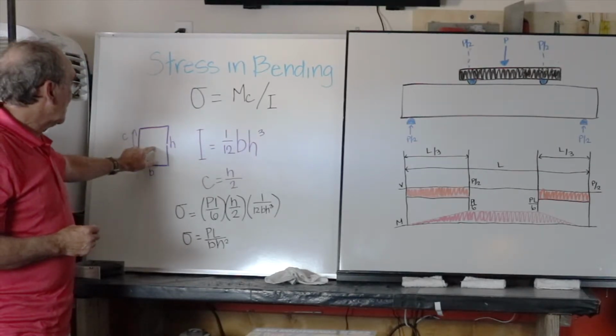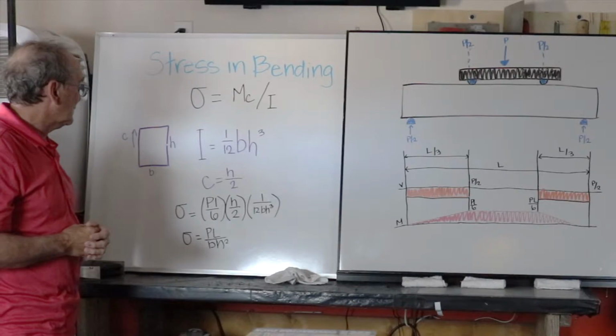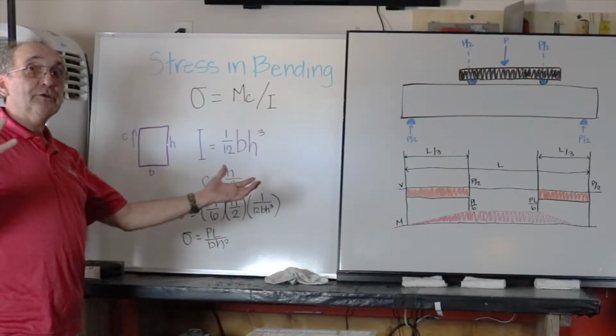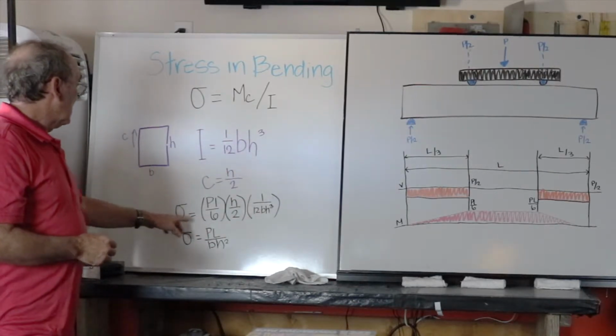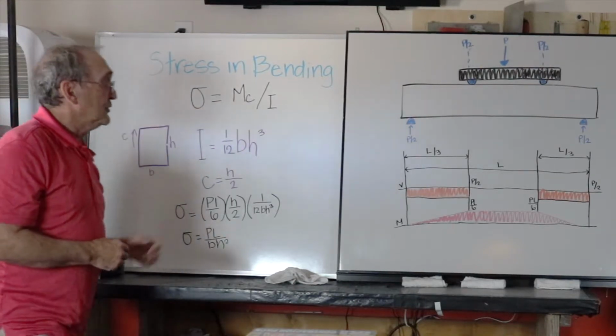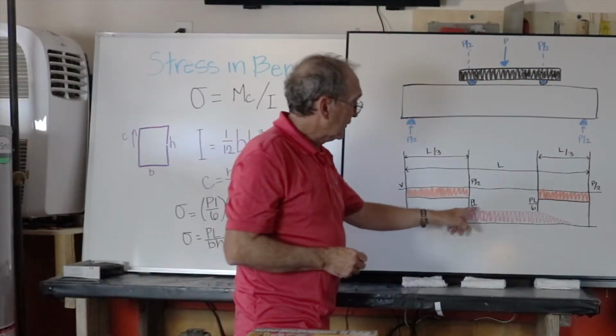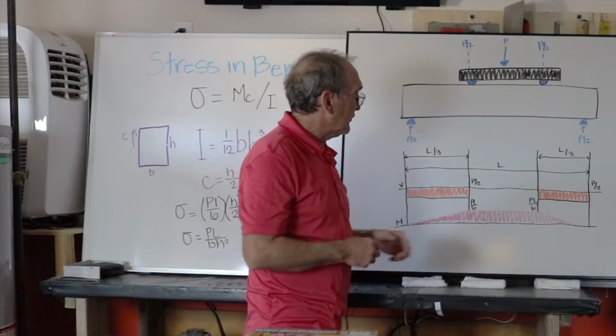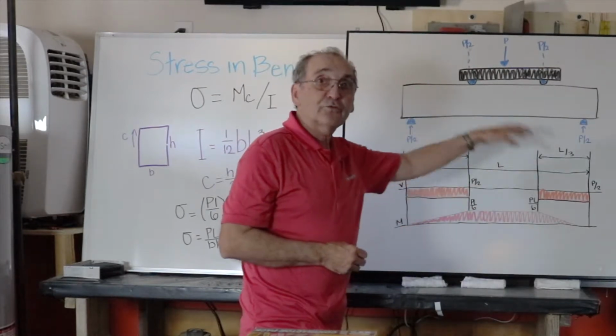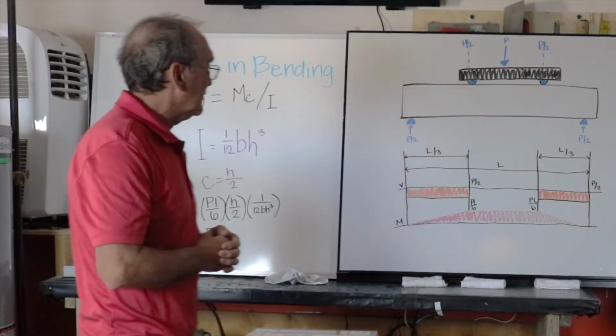So obviously the distance from the center to the outside is H over 2. We're just going to plug that in. Very simple. We're going to plug in moment, our maximum moment in the center third of the beam, PL over 6. That comes from our force, shear, and moment diagram.